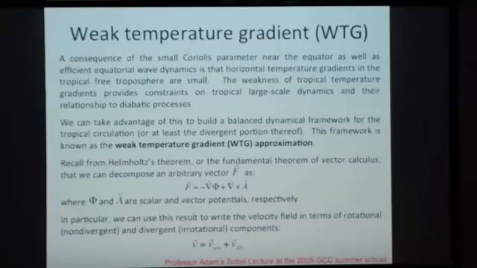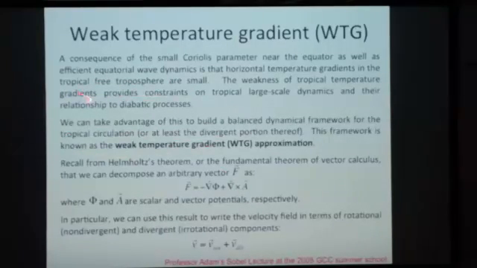If you move anywhere, and obviously you don't hit the Tibetan Plateau or something, you're going to see relatively small horizontal temperature gradients. It turns out we can exploit the weakness of tropical temperature gradients to give us some sort of dynamics, a kind of balanced dynamics, if you will, and relate those to diabatic processes, in particular convection.